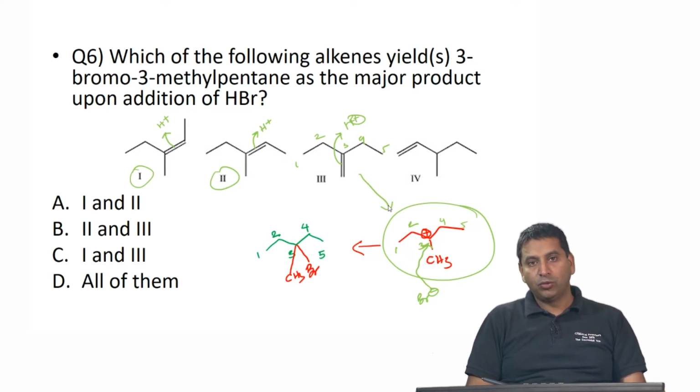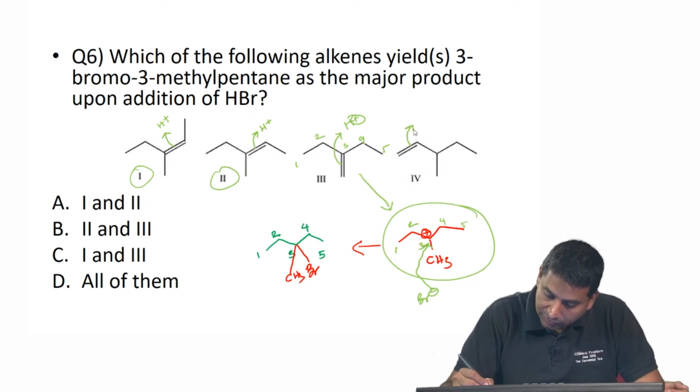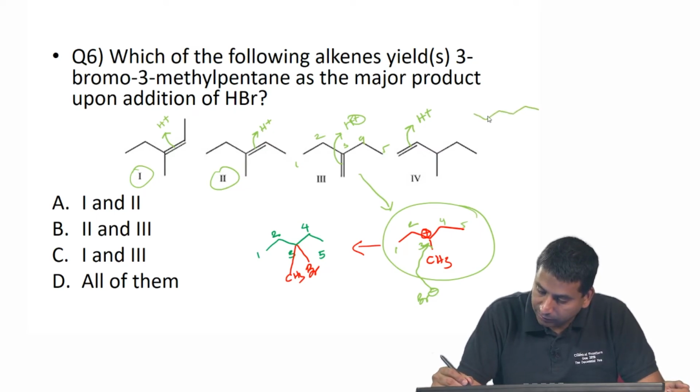Now coming to the structure 4, what might happen is that you can imagine that this reacts with H plus, and you would expect that you would generate, let us keep the numbering the same, 1, 2, 3, 4, 5.